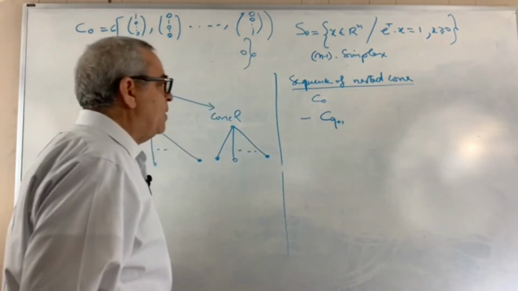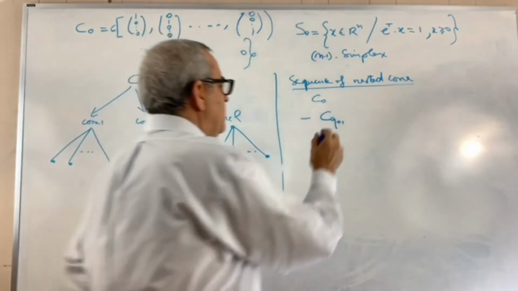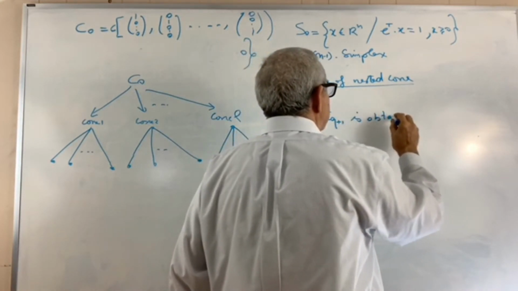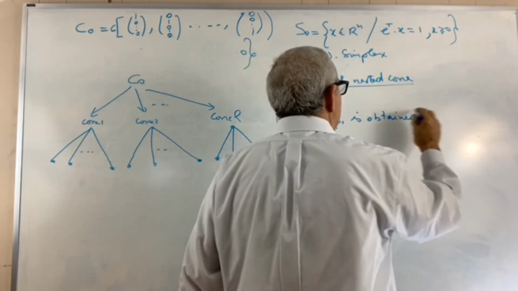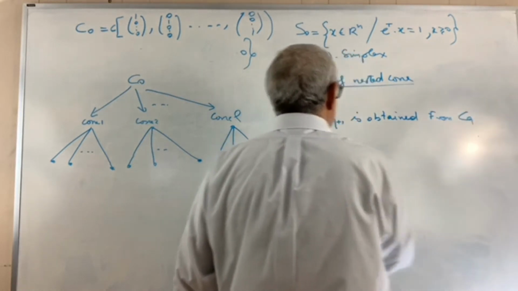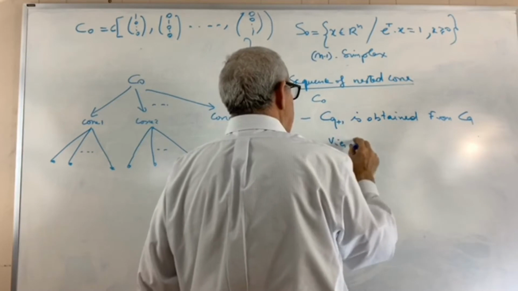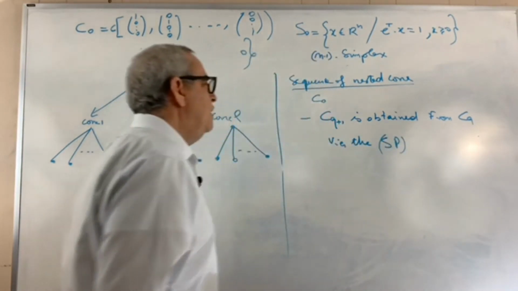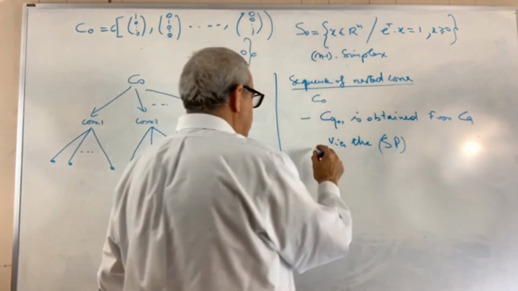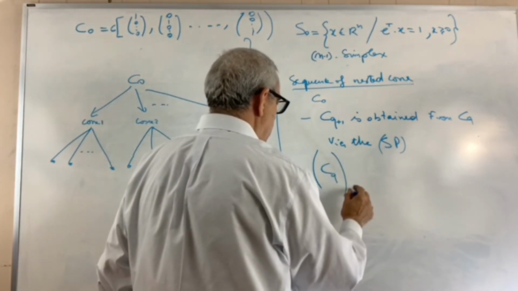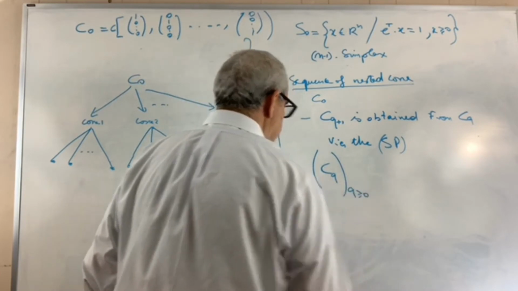Cone CQ plus 1 is obtained from CQ via the subdivision process. And therefore, I'm going to have a sequence of cones CQ, Q greater or equal to 0.